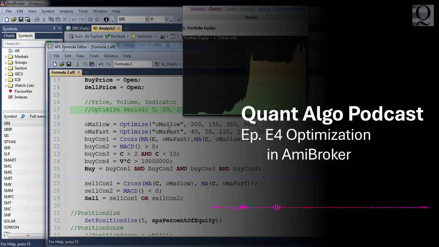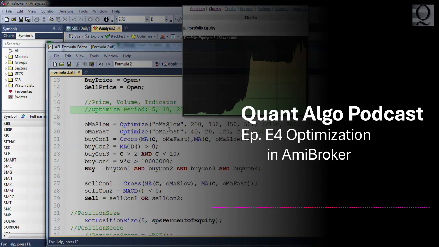Now, the tutorials also mention something about period, percent, and number for optimization. What was that all about? That's a really critical part of actually setting up your optimization. You have to decide on the range of values you want AmiBroker to test for each parameter. So a period might be something like the length of a moving average measured in days.